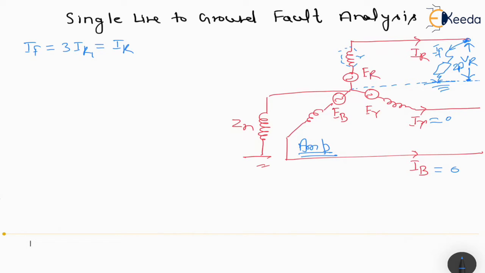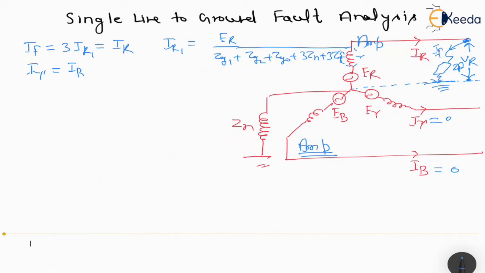We know the formula of IR1, I am writing it once again: IR1 is equal to ER upon ZG1 plus ZG2 plus ZG0 plus 3ZN plus 3ZF in ampere basically. So we can find out the value of IF, and easily we can find out the value of IR. And IY is equal to IB, which will be equal to 0. So IR, IY, IB we calculated basically.